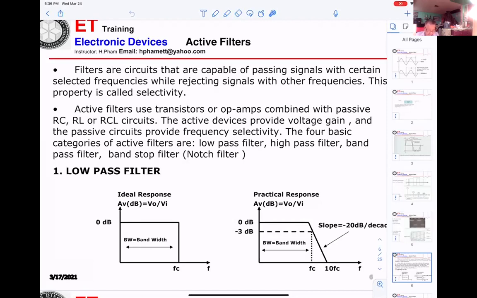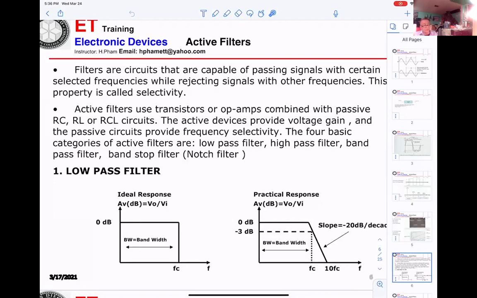An active filter is a transistor or op-amp combined with a passive RC, RL, or RLC circuit. The active device provides the voltage gain, and the passive circuit provides the frequency selectivity.